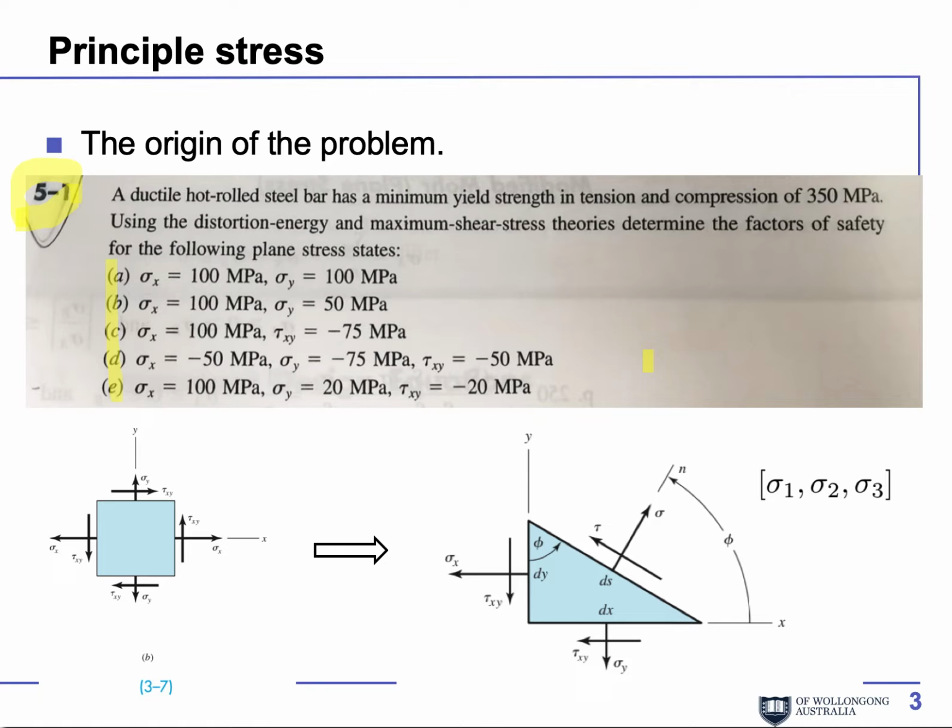In our actual case, if you remember the midterm exam, you have a shaft with certain loading. You have the normal tension, you have torsion from a torque, and you also have bending from another force.